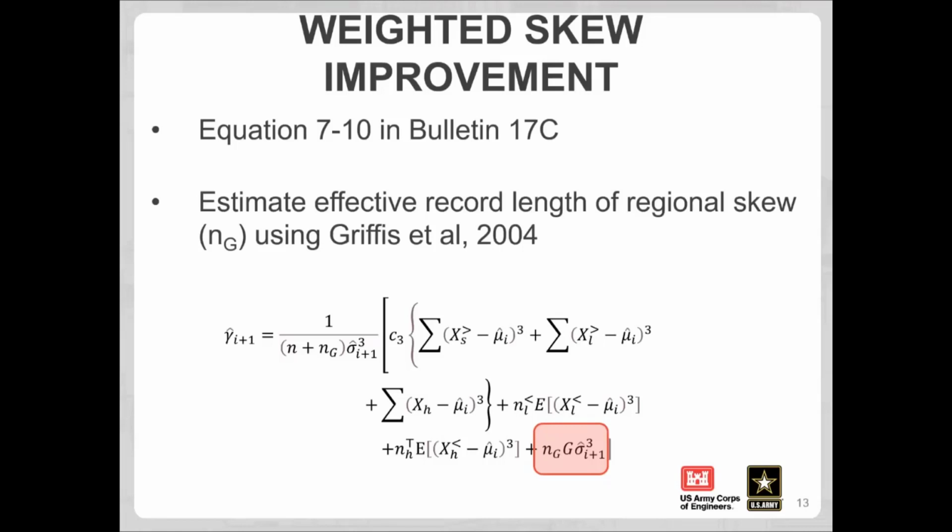They each get weighted by their respective number of data for each type. And then we just add to that calculation the regional skew and weight it appropriately with this N sub G, which is representative of an effective record length of the regional skew information. A couple of different ways to estimate that.